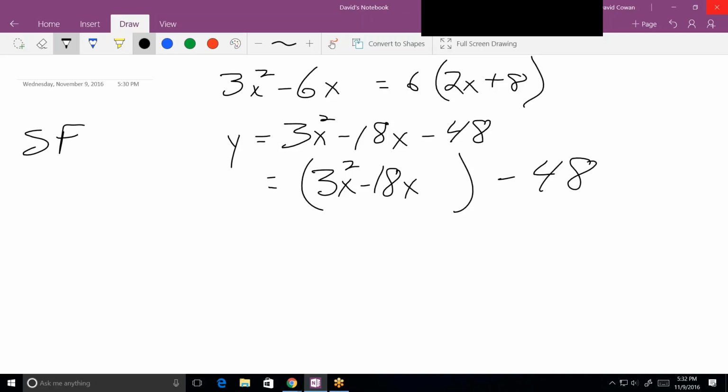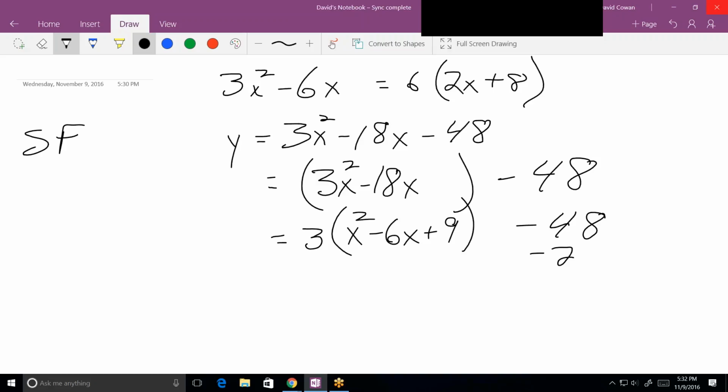Now in order to complete the square, I factor out the 3 from just inside the parentheses part. Leave some room. Now complete the square, take half of 6, square it, add it. We just added 27 to the right side, so I got to subtract 27.